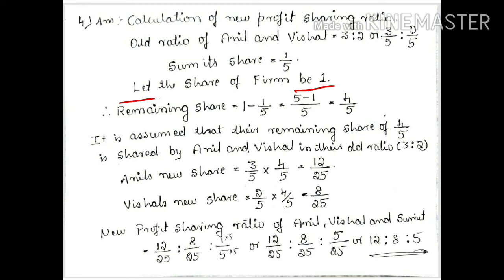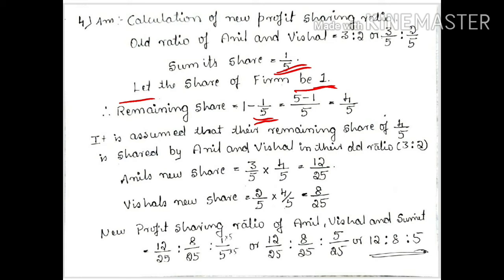Next, the remaining share. Remaining share means out of 1 rupees, 1 by 5 is provided to a new partner, so how much profit is remaining to the old partners? That is what we are calculating. Out of 1 rupees, 1 by 5th share provided to a new partner who admitted, so how much profit is remaining to the old partners?